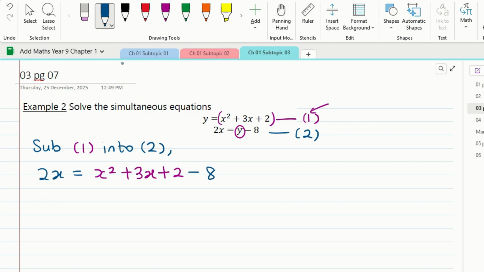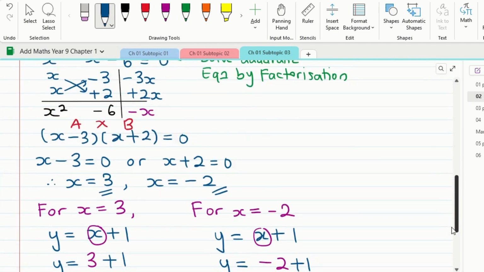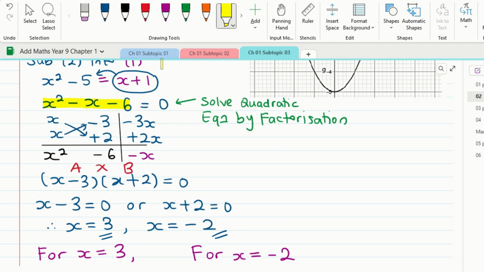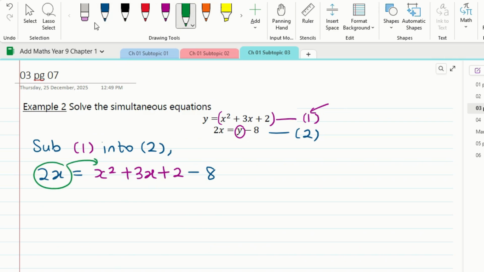So here, if we try to simplify this into a quadratic equation, I forgot to tell, make sure that you have something like this format: the quadratic expression on one side, and it must be equal to 0 before you attempt factorization. So going back here, maybe we can move the 2x to the other side to get equal 0.